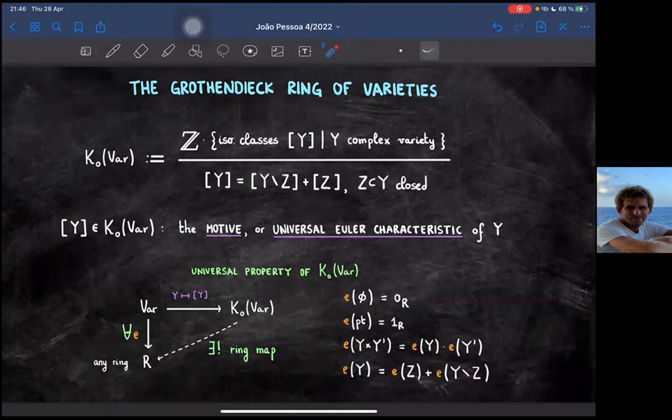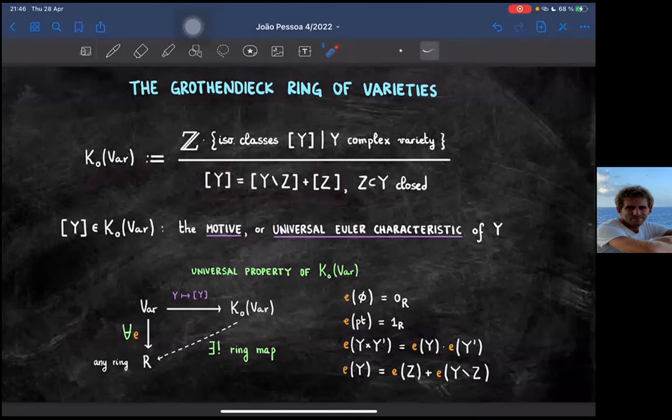You take all isomorphism classes of complex varieties, you take the free abelian group on them, and you quotient out the scissor relations.